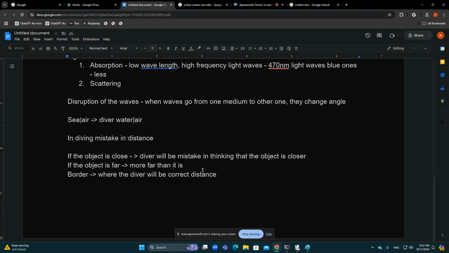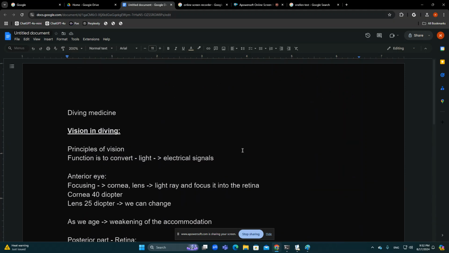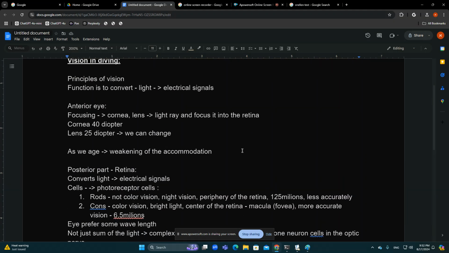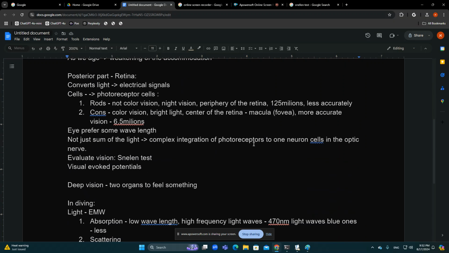Okay, and I think that this is it. We will stop right here. We talked a little bit, we started with the physiology of the important parts of the eye for vision. And we looked at the photoreceptors.